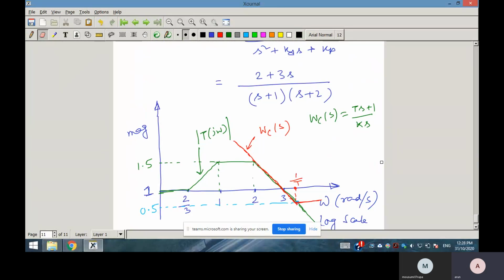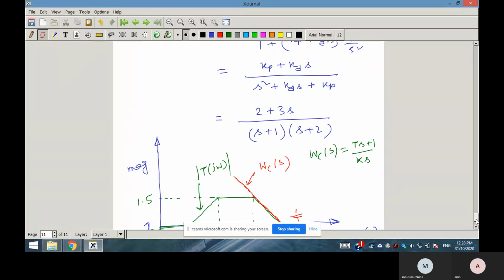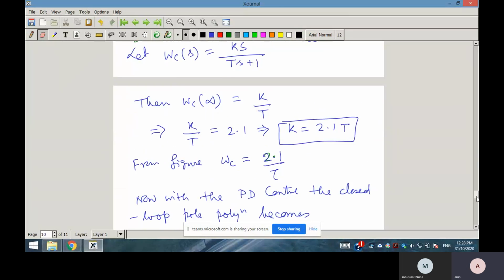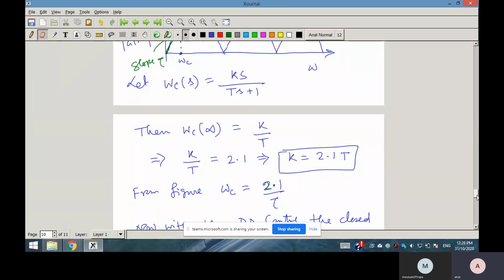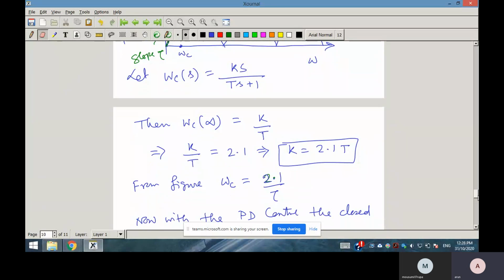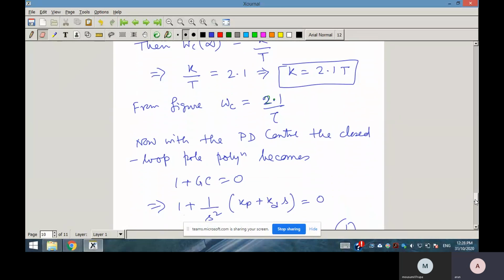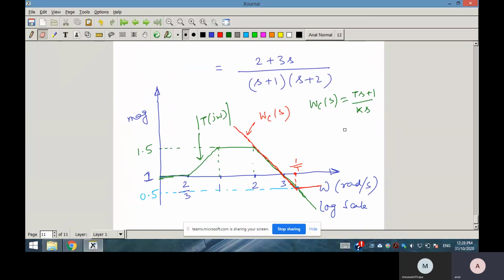Okay, so this frequency is 1 by t. Now what is t? t equal to 1 by omega c, that means tau by 2.1.